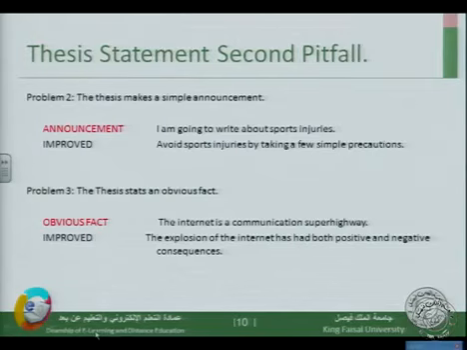But you can say, instead, the explosion of the internet has had both positive and negative consequences. Now we're talking about two sides. We know that the writer is going to talk about the positive consequences. After that, he's going to talk about the negative consequences.